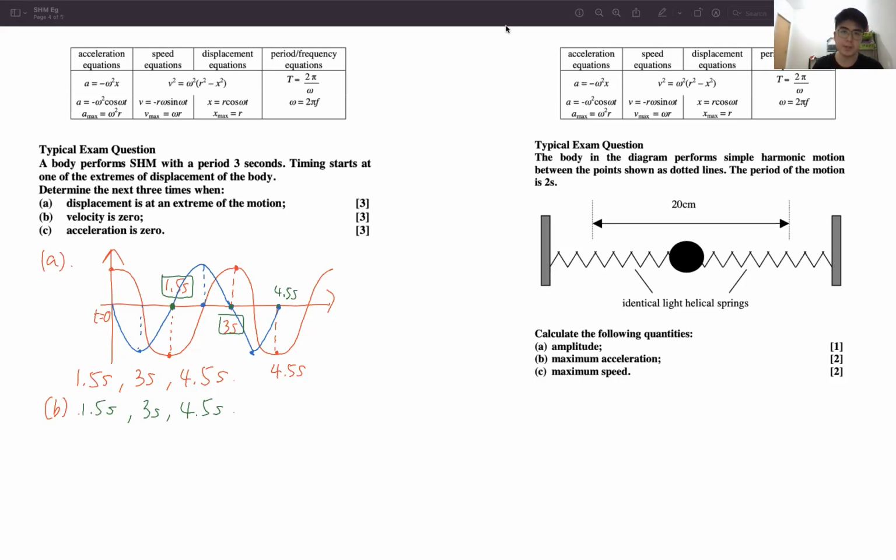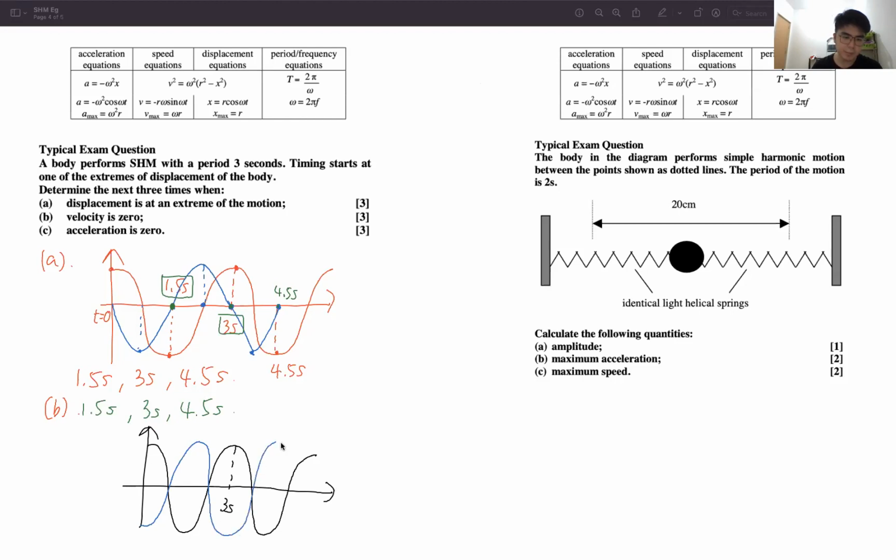Okay, when acceleration is 0, I'm just going to draw another one, too crowded. So acceleration is opposite to displacement. So you just flip the whole thing. Acceleration is 0 over here, over here, over here. What is this?